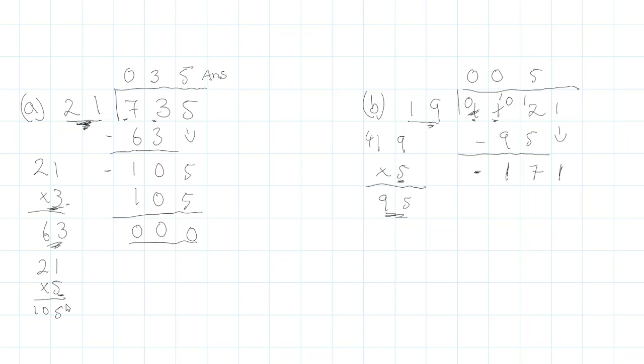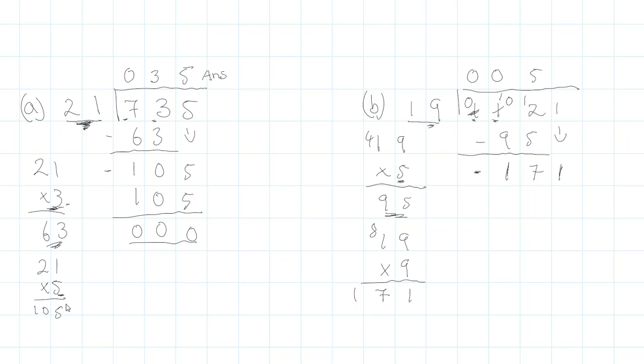So again, we need to estimate. So we'll say 19, again, is quite close to 20. And I know that 9 20s will be 180. So I'm going to multiply 19 by 9 and see what answer I get. So let's go 9 times 9, that's 81. Put down your 1 and carry your 8. 9 ones are 9, plus 8 is 17. And so I have 171.